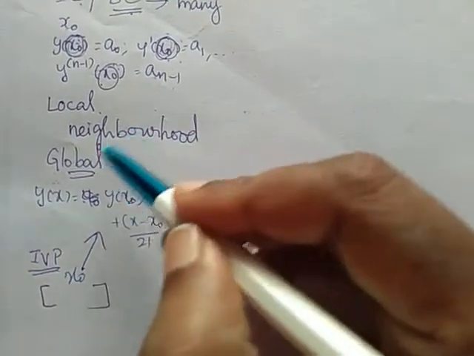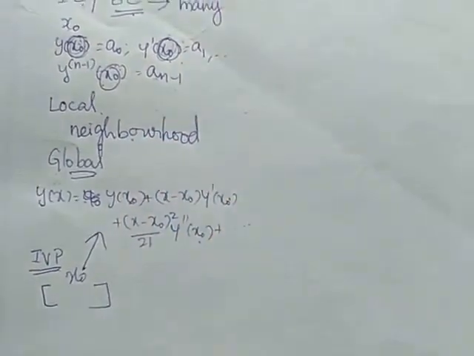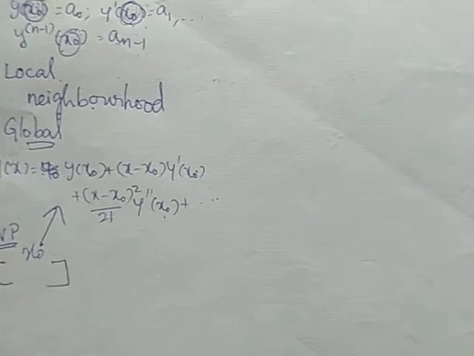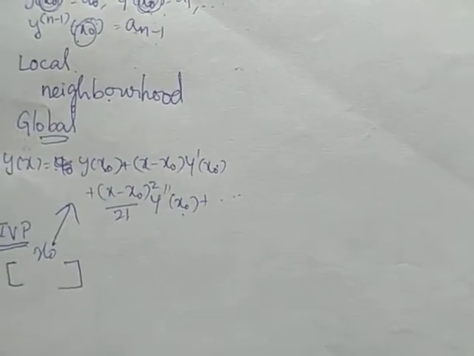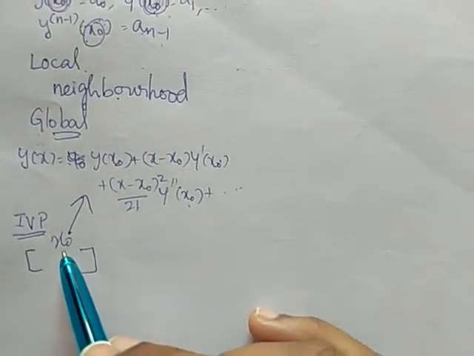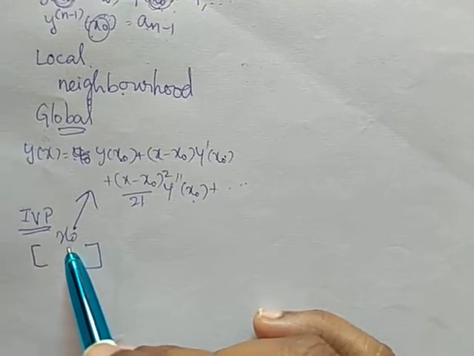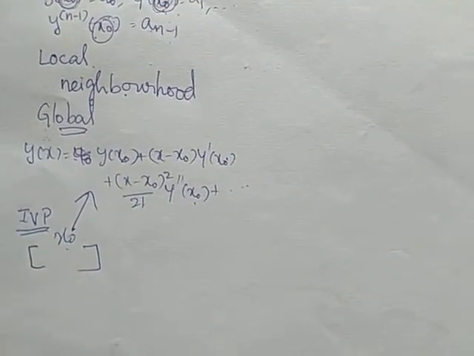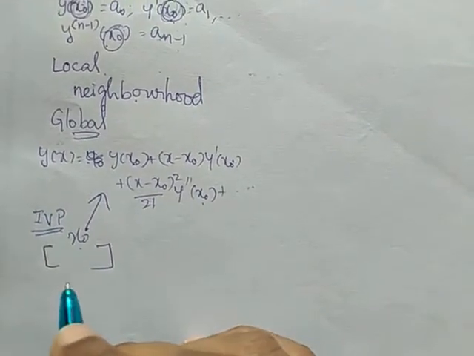So if it is an initial value problem, we describe the solution at one point, and then we have to extend the solution to some region which contains x naught. Suppose it is a boundary value problem, it is inherently global and the solutions are valid for the entire region.